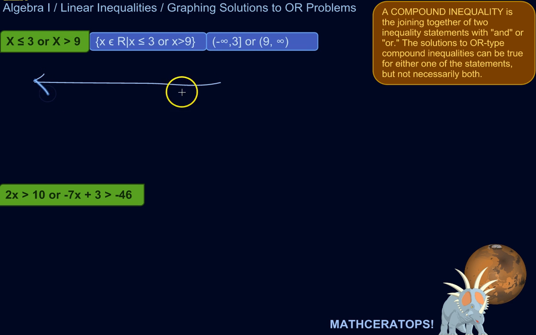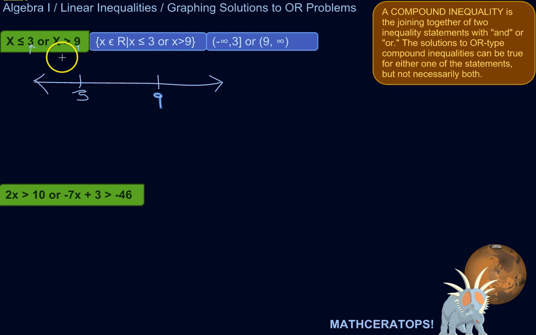We've got a number line, I should say. Okay, so our key points here are 3 and 9. So I'm going to call that 3. And since 9 is greater than 3, I'm going to put 9 over here. Okay. So let's just graph them individually.